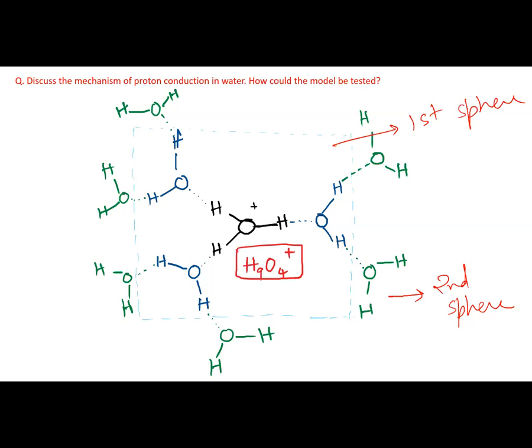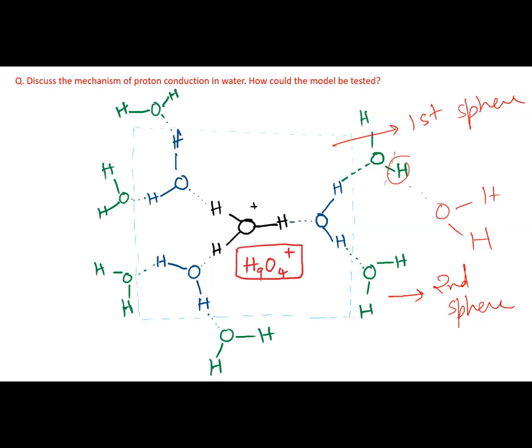From this, it is speculated that one of the hydrogens from the second hydration sphere will undergo a bond cleavage. Let's say this hydrogen is connected to some other water molecule in the bulk of the solution. Let's say one of these hydrogens gets cleaved.